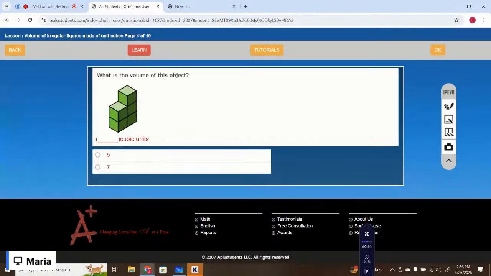What is the volume? 5 it is. Option number 1 is the correct option.